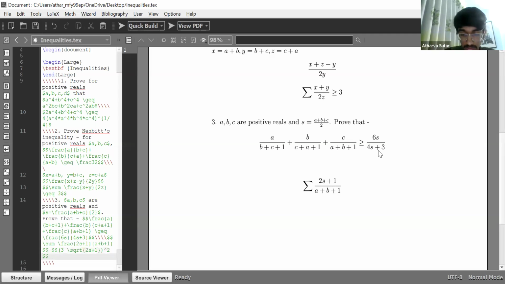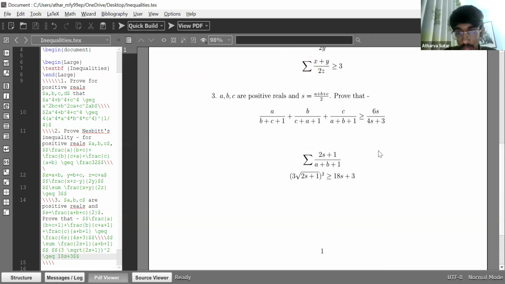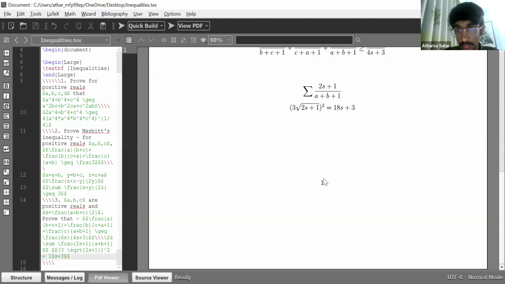We get this is greater than or equal to 18s plus 3, which is what we want to prove. So we get the LHS is greater than or equal to this term, and we know that these two terms are equal. So we are basically done.